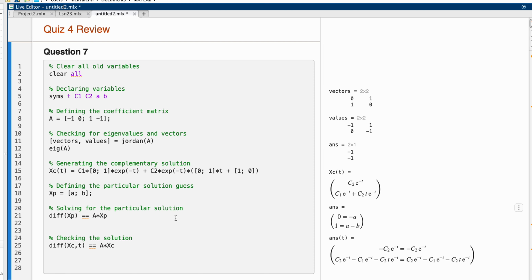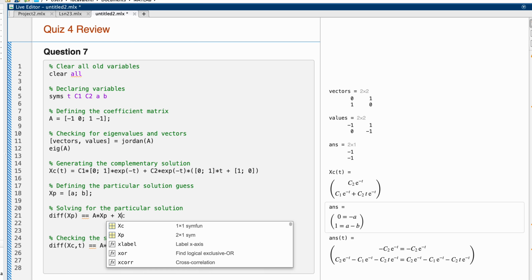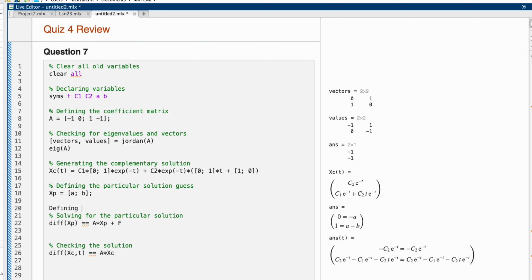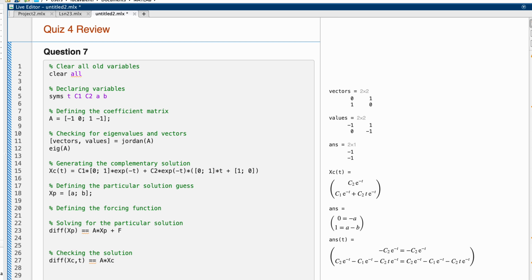And I made the same mistake that I told you not to make in the other video, which is you need to add the f of t. So let's define f, defining the forcing function. What are we going to have?